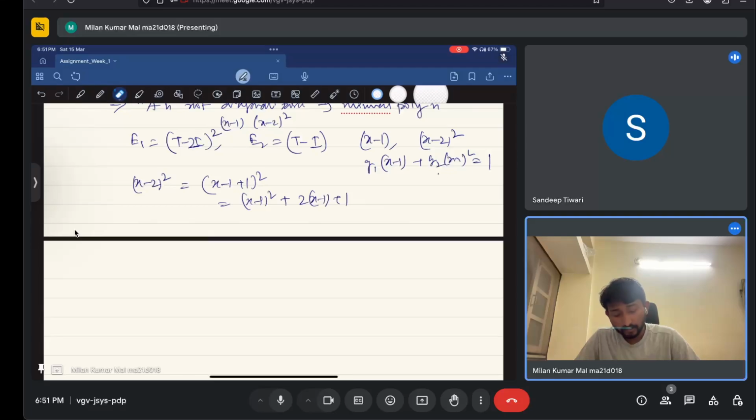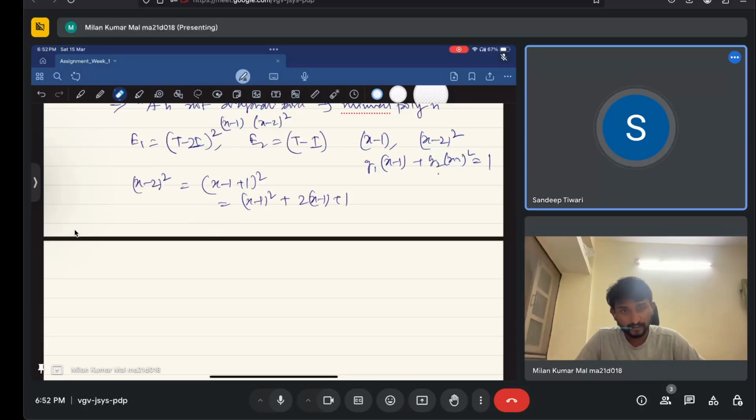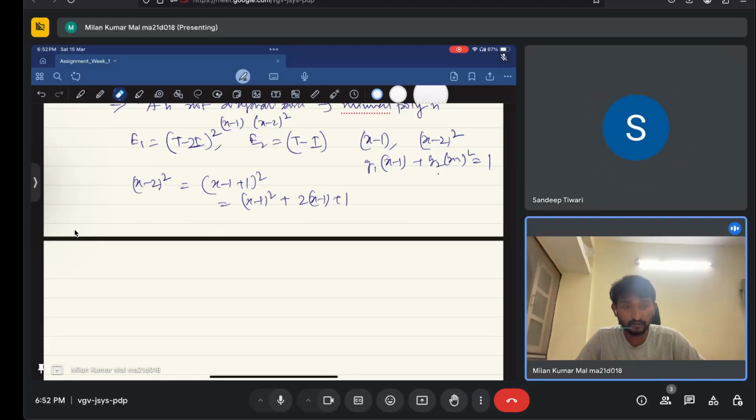But in that situation, how can one divide? There is no factor. X minus 2 whole square does not have any factor x minus 1, so it will not be divisible. The remainder term is the full term here, x minus 2 square.